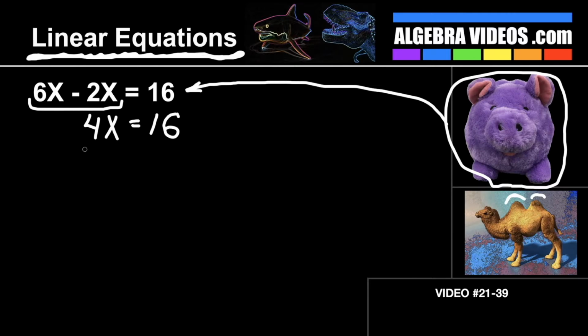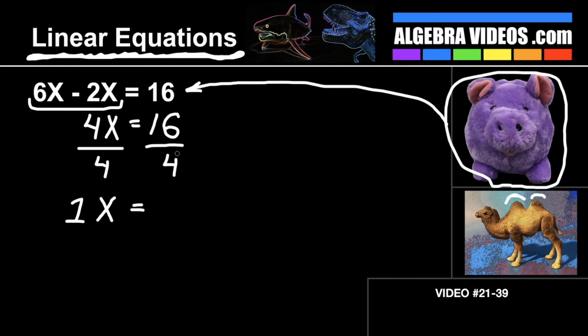Well, since I want to get rid of this 4, I'm going to divide both sides by 4. Okay? And when I do that, I have this term here, 4 divided by 4 times x. Well, 4 divided by 4 is 1. Anything divided by itself is 1. So 4x over 4 simplifies to just 1x.